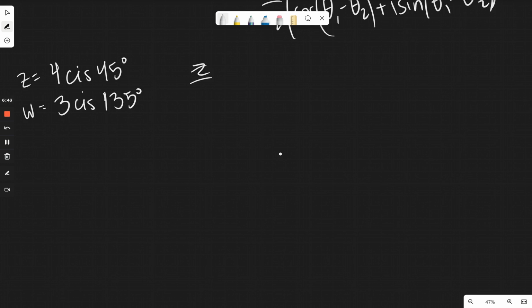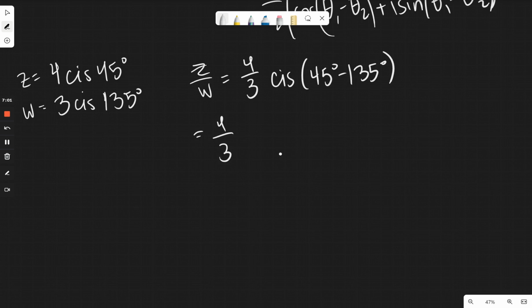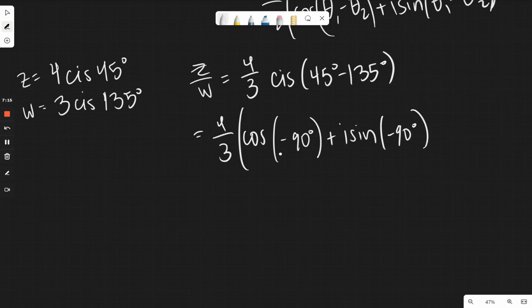So z over w, this is going to be 4 over 3 times cis of 45 degrees minus 135 degrees. So this becomes 4/3 times cosine of negative 90 degrees, since 45 minus 135 is negative 90, plus i sine negative 90 degrees.